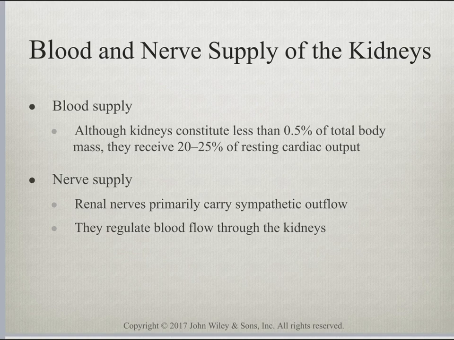Our nerve supply, we talk about the kidneys' nerves primarily carrying sympathetic outflow. And we say, well, why this sympathetic system? So we deal with fight or flight and its influences on the renal regulation of arterial pressure and specifically body fluid composition.